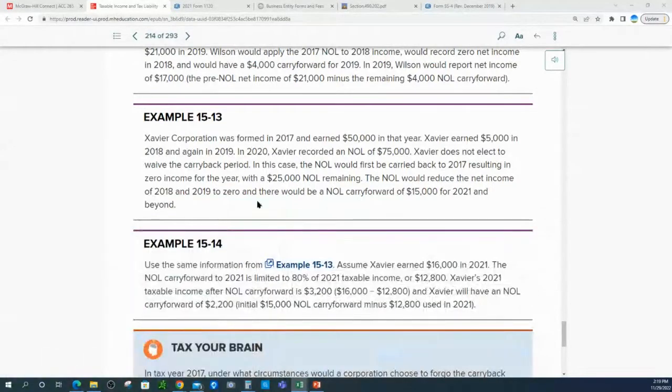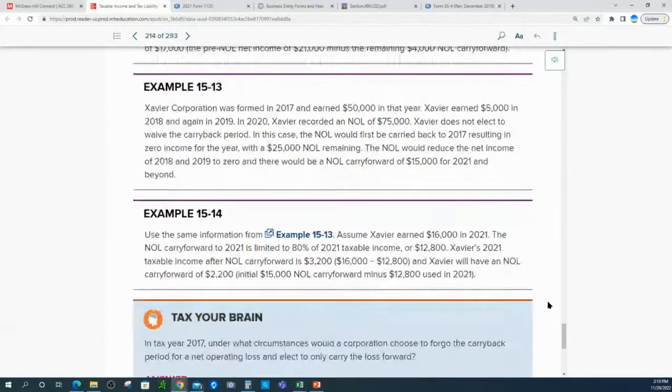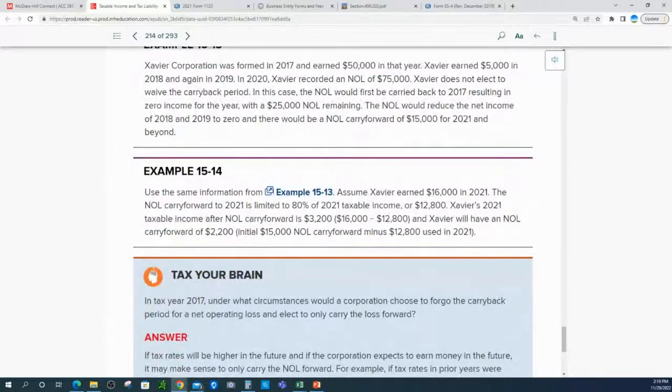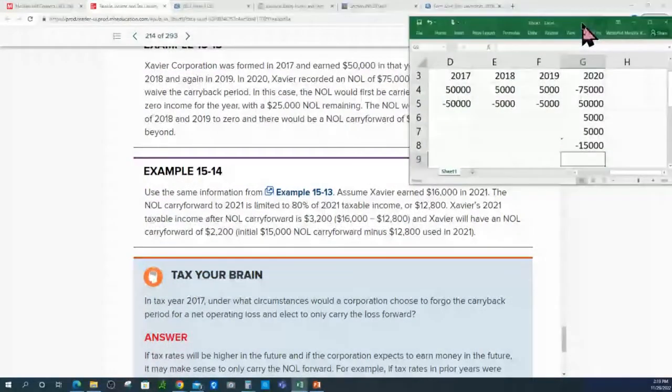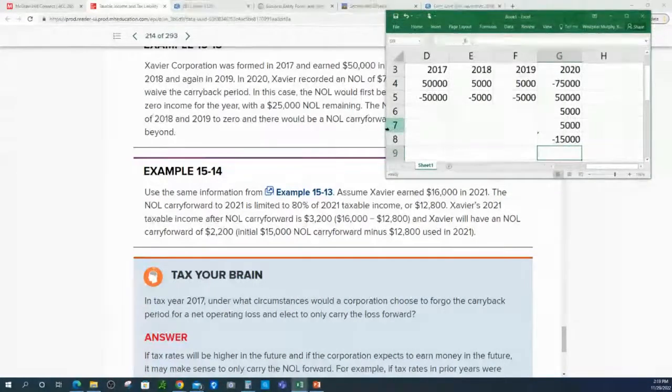Now let's continue on using the same information. Assume that Xavier earned 16,000 in 2021.